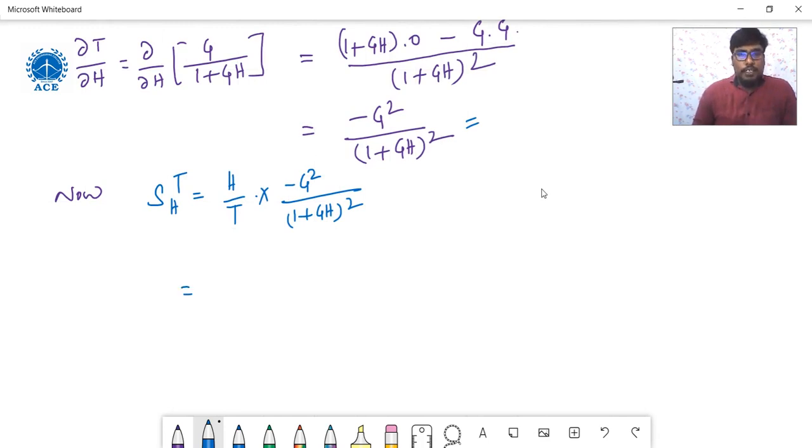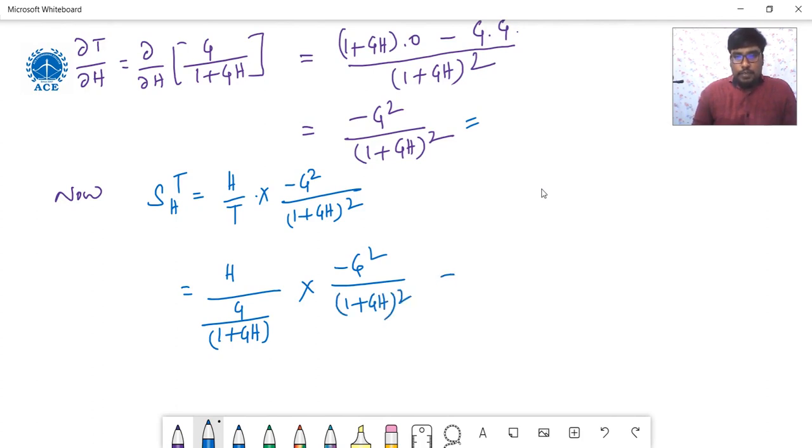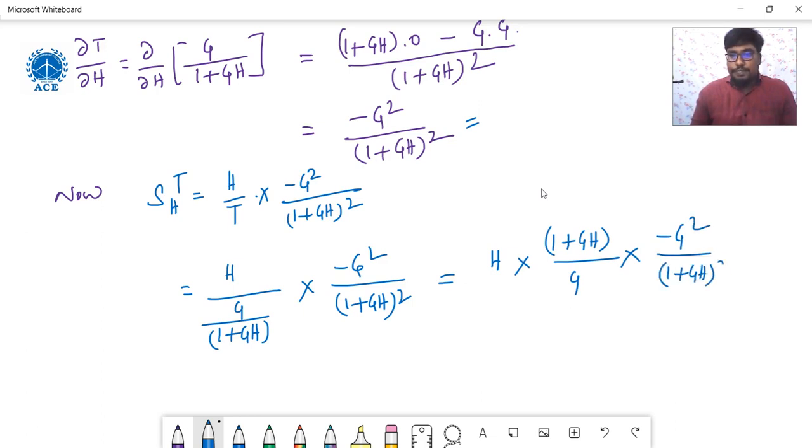Now calculate this one. So H divided by, what is the T? T is the overall gain, that is G by 1 plus GH, right, into minus G square divided by 1 plus GH whole square. Minimize this one, H into taking 1 plus GH divided by G into minus G square divided by 1 plus GH whole square.